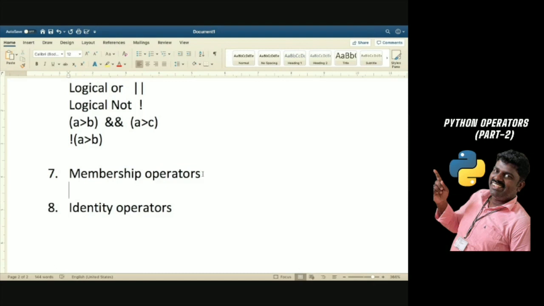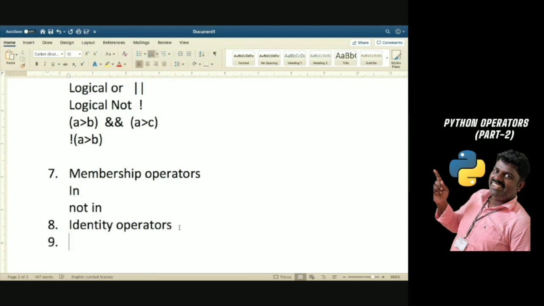That time we are going to use this membership operator. Mostly we use in and not in, to check whether the element is present in this one or not.